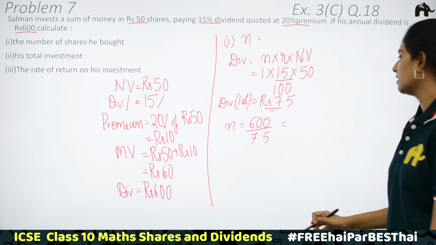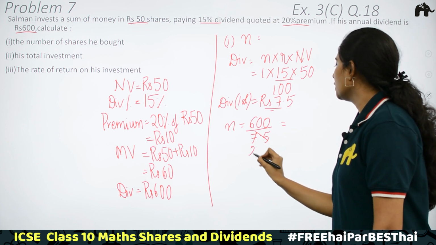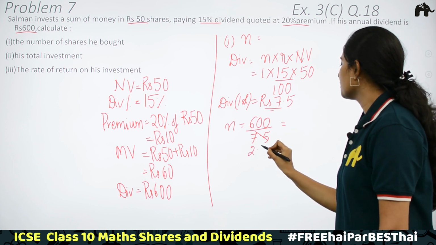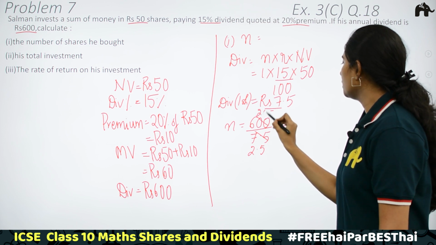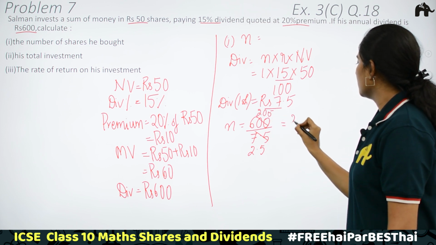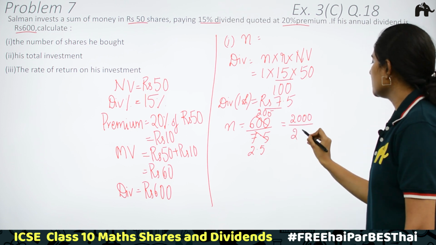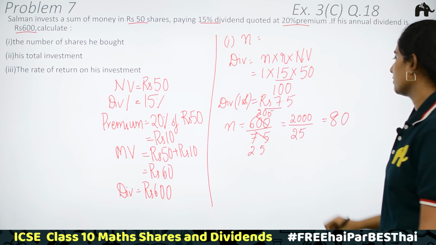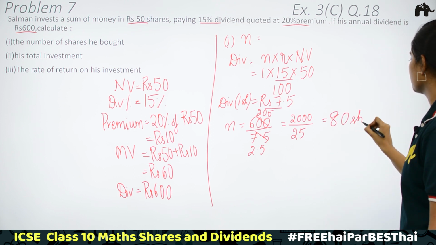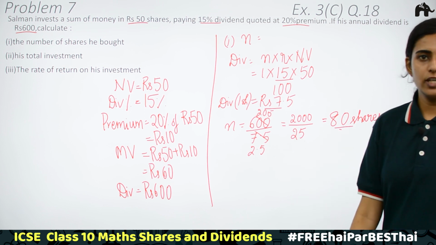We can cancel with 3, you will be getting 2.5 and 200, that is 2000 divided by 25. You will be getting 80. 80 shares. Number of shares is equal to 80.